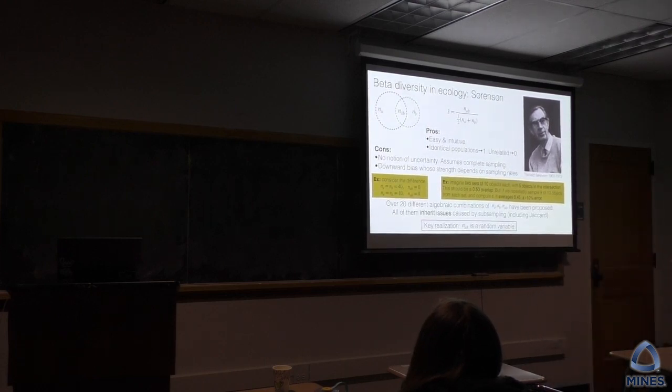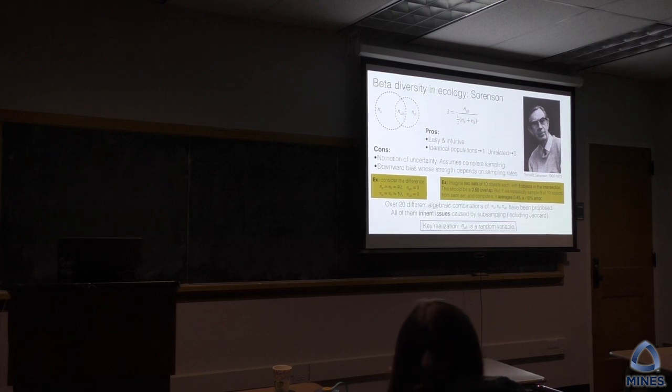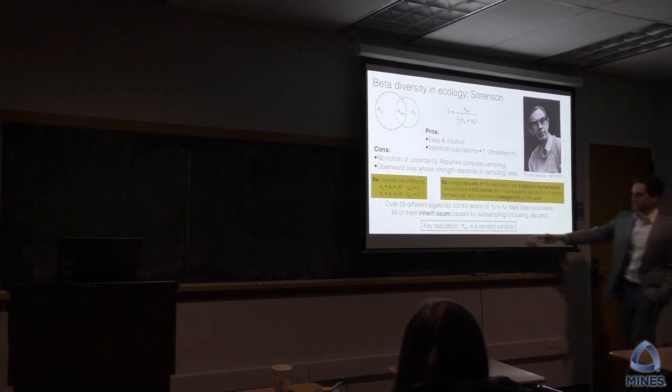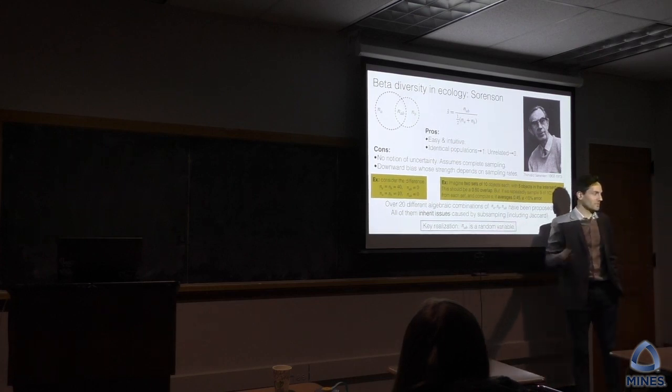It turns out there are 20 different algebraic combinations of NA, NB, and NAB. All of them inherit these issues caused by subsampling, including that of another famous botanist named Jaccard, whose way of combining NA, NB, and NAB is a distance metric, but also suffers from this problem. So the key realization here is that this is a random variable. We just have to treat it as such.